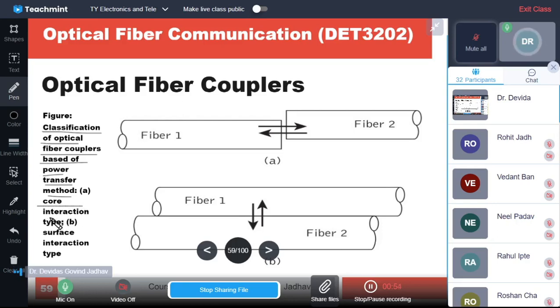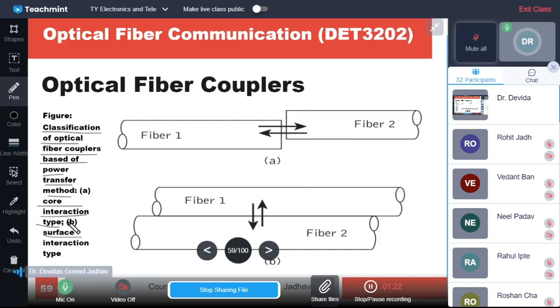First is the core interaction type and second is the surface interaction type. So what is there in the core interaction type? From one fiber core to the other fiber core, there is optical energy or optical power interaction, power transfer. This is called core interaction.